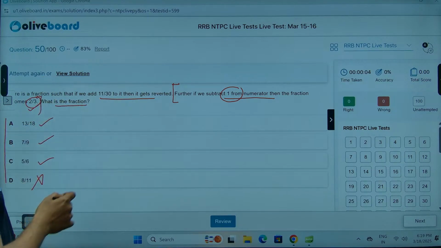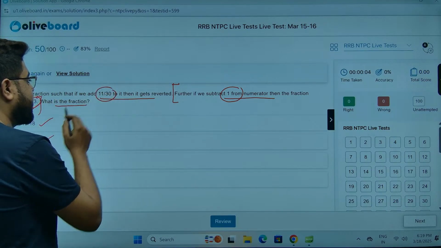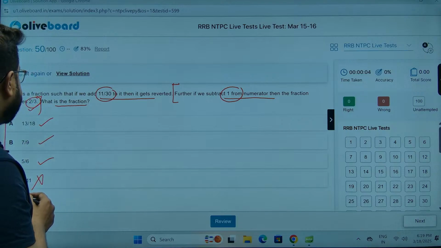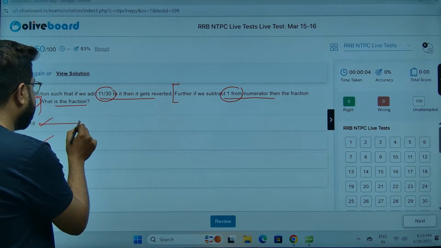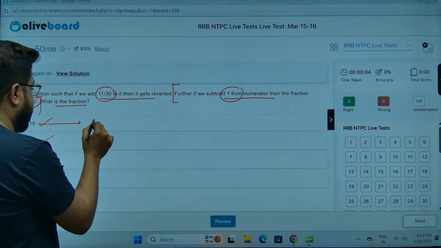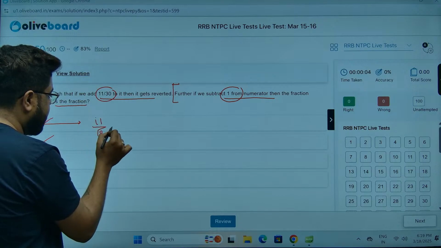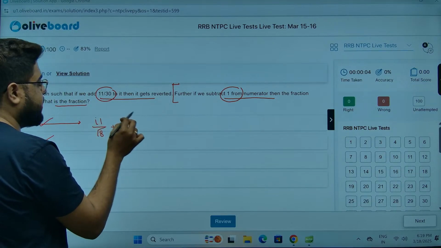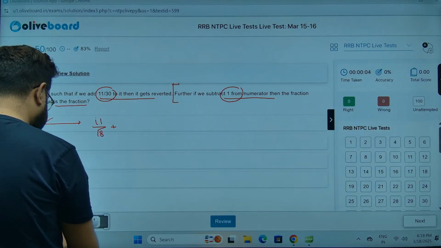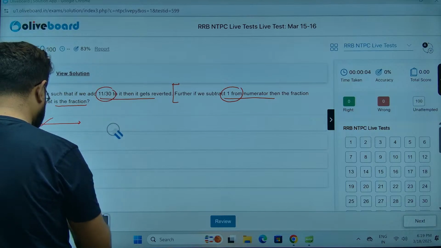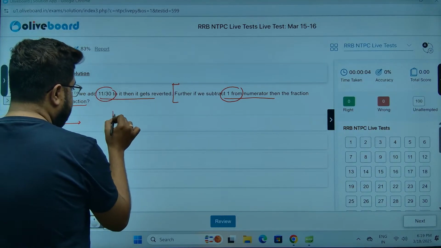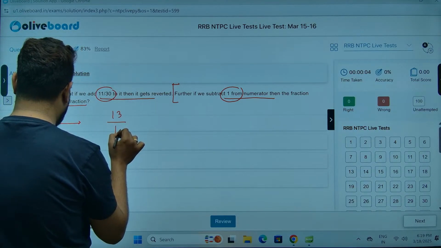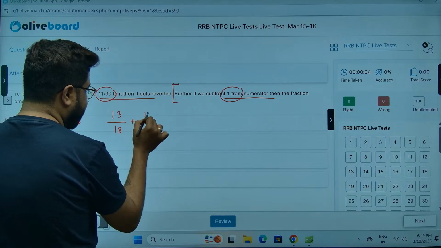So I have to use the first condition, which again will be big. 13 by 18 plus, sir, 11 by 30.